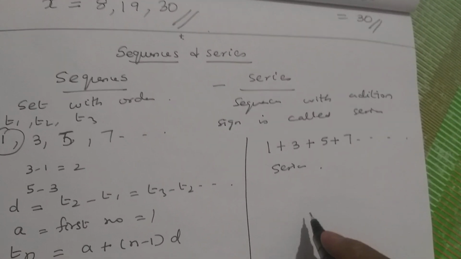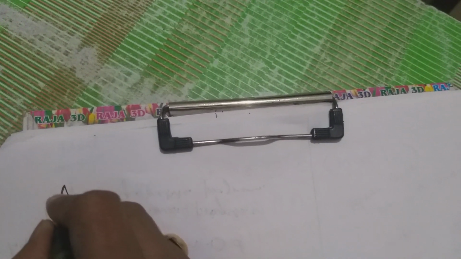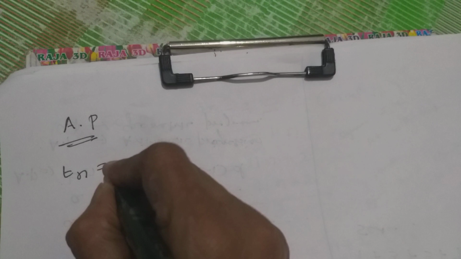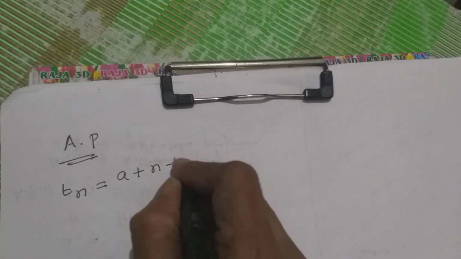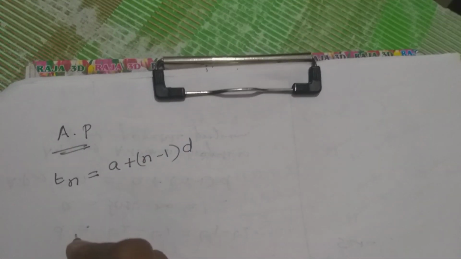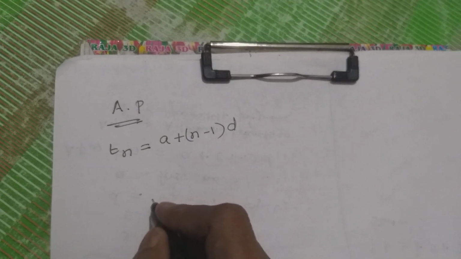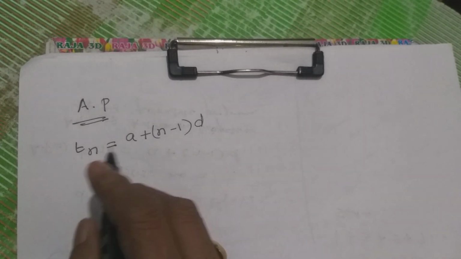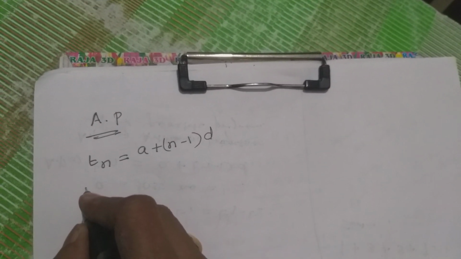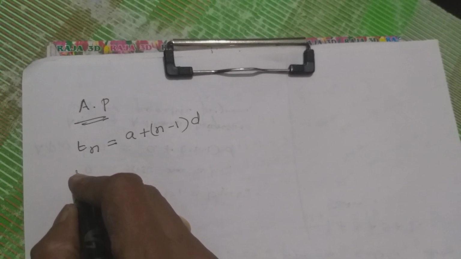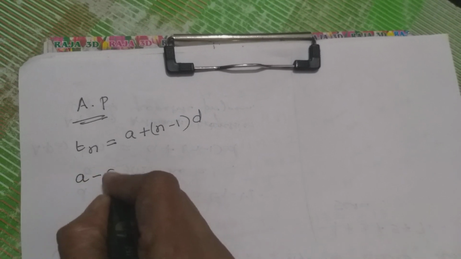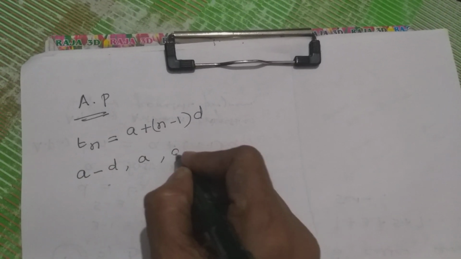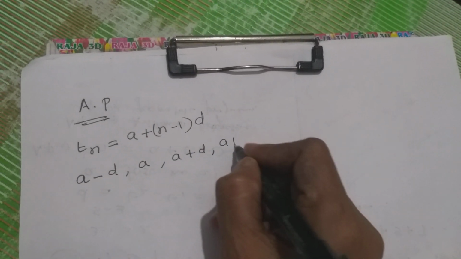Now shall we go to AP? Now we are going to the formula for arithmetic progression. Tn equal to A plus n minus 1 into D to find the terms. If we ask you to find the 10th term, you must apply n equal to 10 and find it out. The AP form is A minus D, A plus D, A plus 2D.